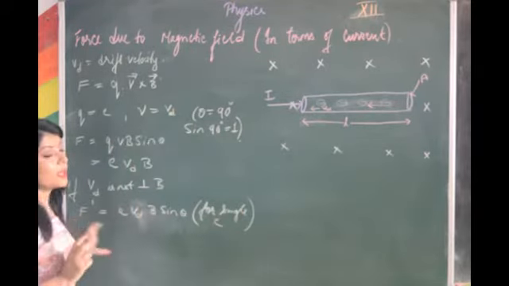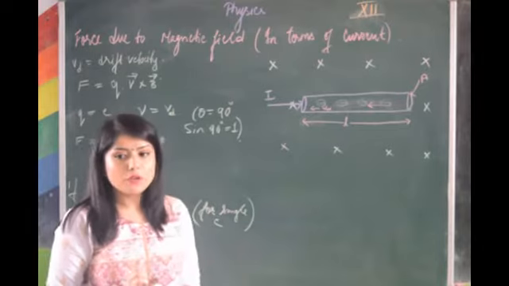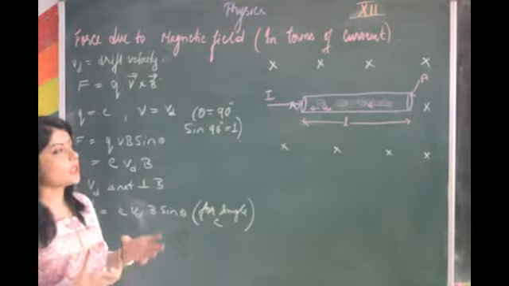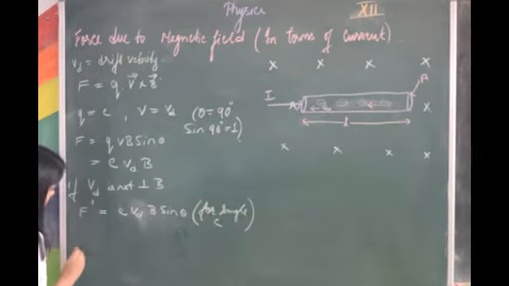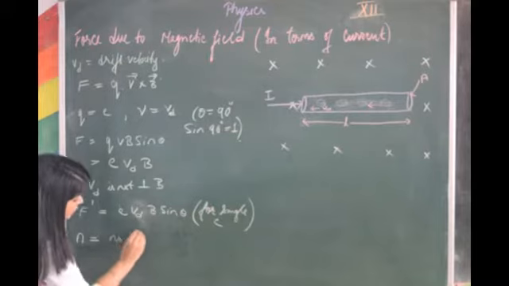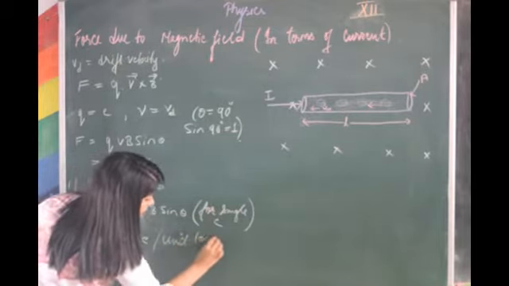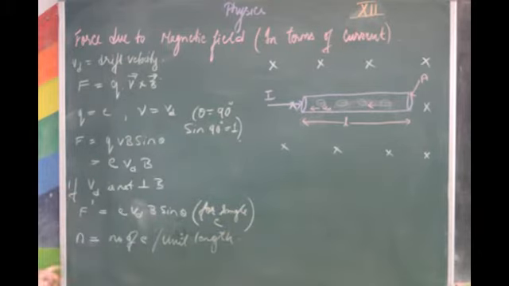But we know that inside the conductor there are many electrons. So first of all, let us calculate how many electrons it might have. Suppose we consider small n, that is the number of electrons per unit length. Okay, small n is number of electrons per unit length.